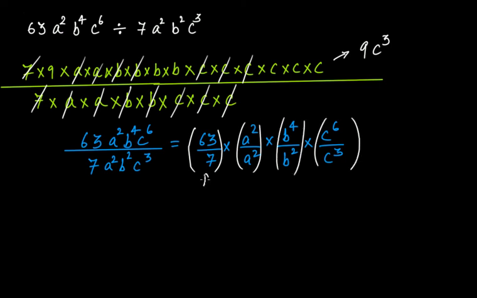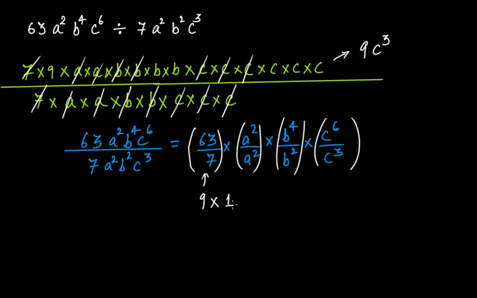Now this gives you 9 multiplied by a raised to the power of 2 minus 2, which is a raised to the power of 0. A raised to the power of 0 is nothing else but 1.